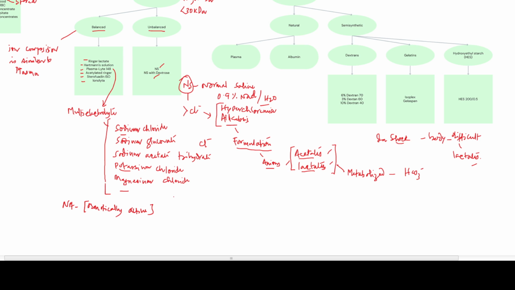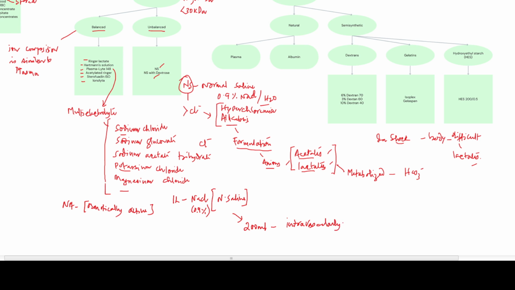For example, if you inject 1 liter of sodium chloride, which is 0.9% normal saline, around 200 ml remains intravascular.